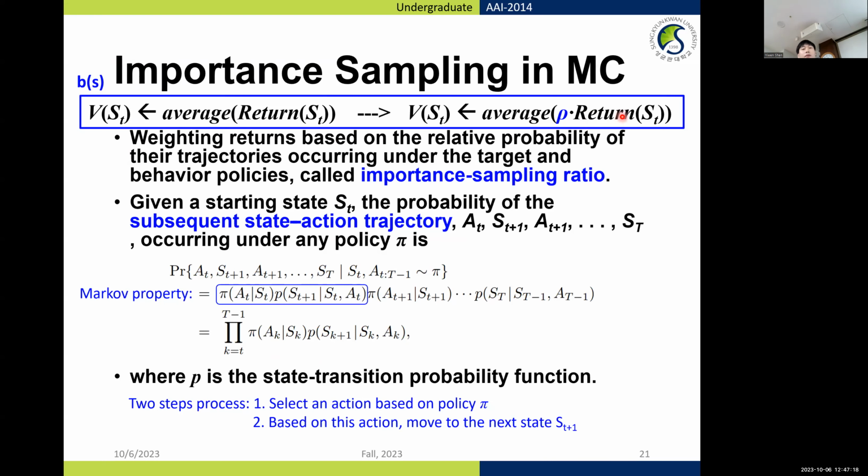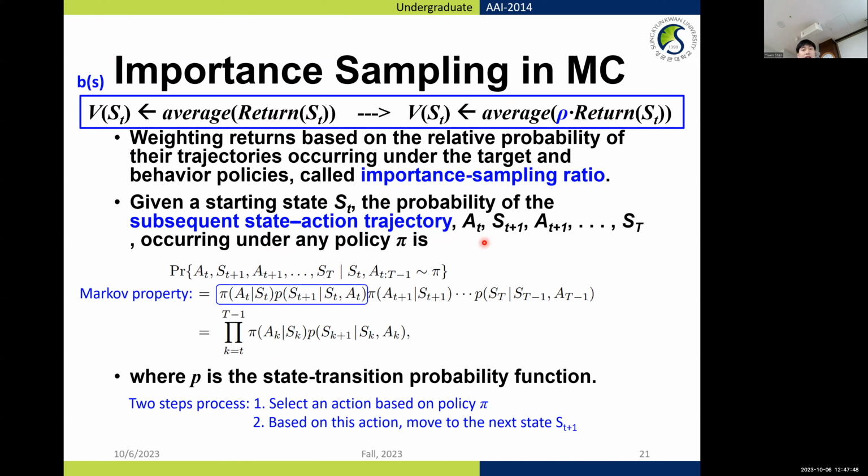Even though this episode is generated from b(s), we use this rho to rescale it back to the original policy pi(s). We call this rho the importance sampling ratio. Now the remaining stuff is just to derive the importance sampling ratio.